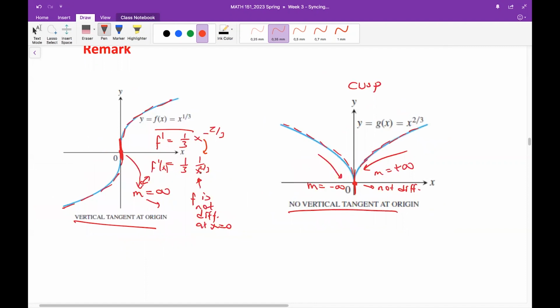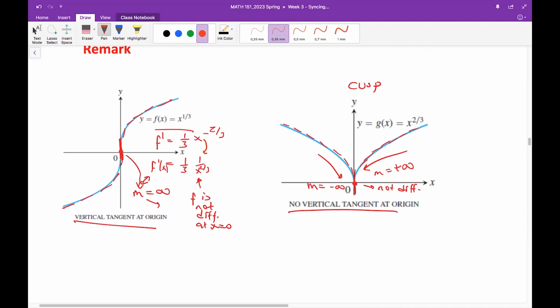And as you can see, this function is not defined at the origin. You cannot insert zero to the denominator, right? So since this is the first derivative function and it is not defined, our original function is not differentiable at the origin.